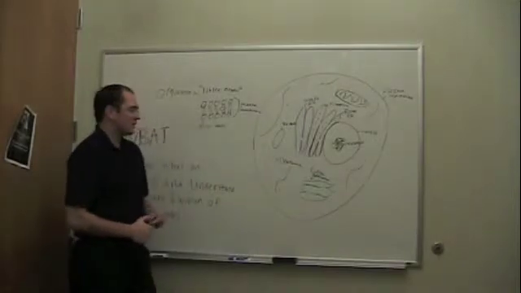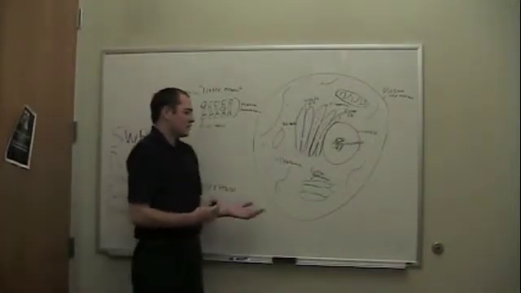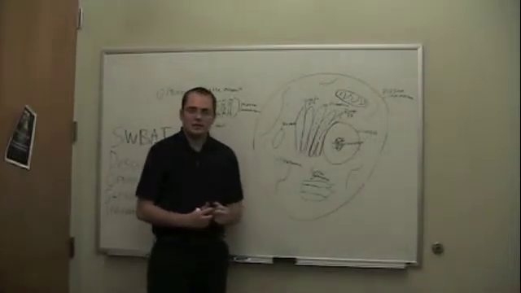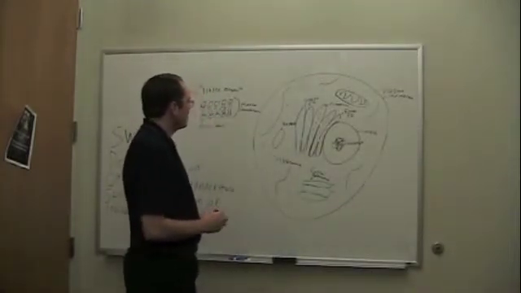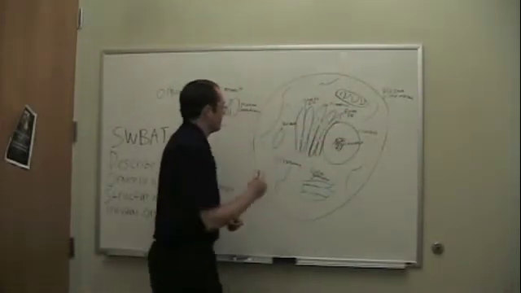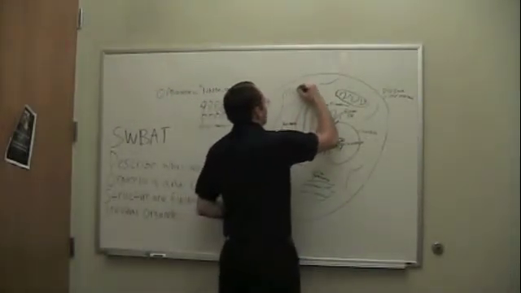It has a lot of chemicals to break down all of the waste in the cell, to get rid of it and send it out. These lines that you see throughout the cell, these are called cytoskeleton.